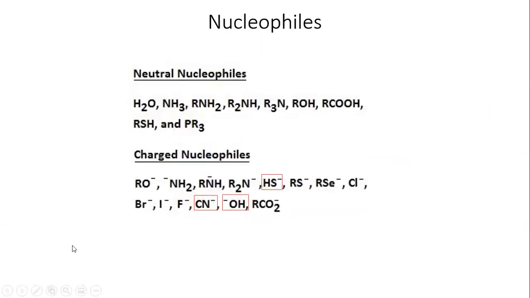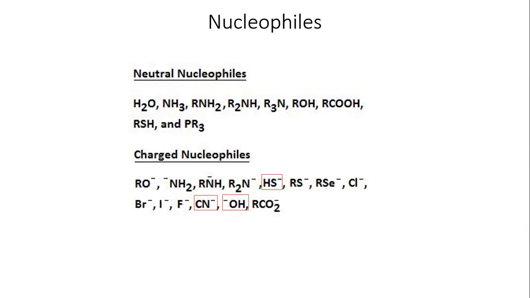So nucleophiles, there are a variety of nucleophiles. We have our neutral nucleophiles, which are things like water, ammonia, amines, alcohols, carboxylic acids, etc. All of those are different types of neutral nucleophiles.